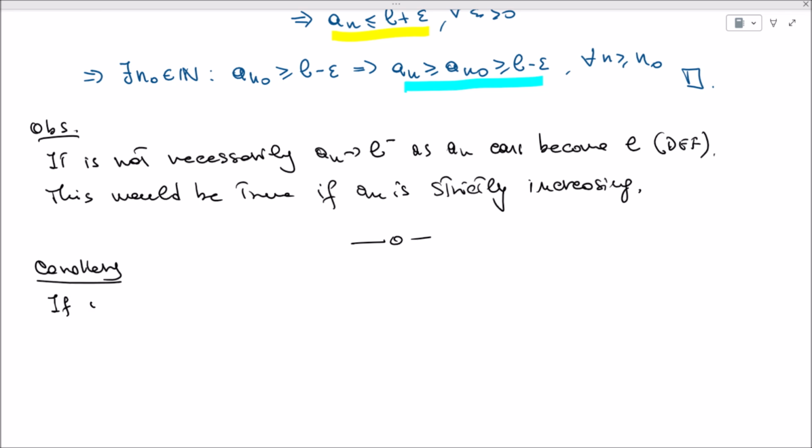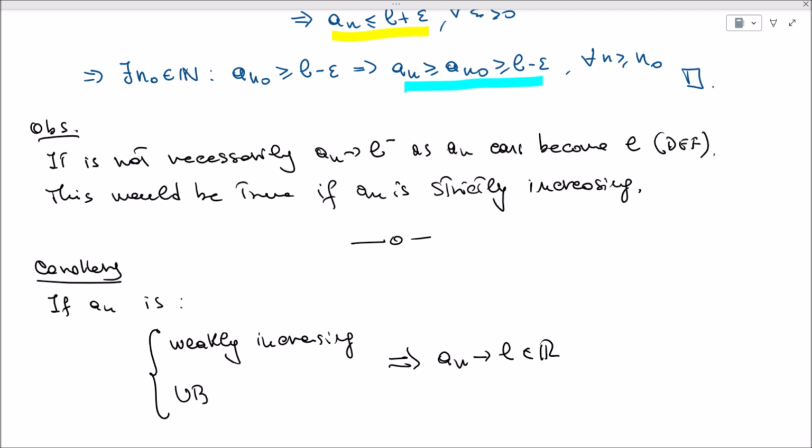If an is two things, weakly increasing and also upper bounded, then it follows clearly that the only possibility would be that an will tend to a real limit L. But this is clearly just an easy to prove corollary.